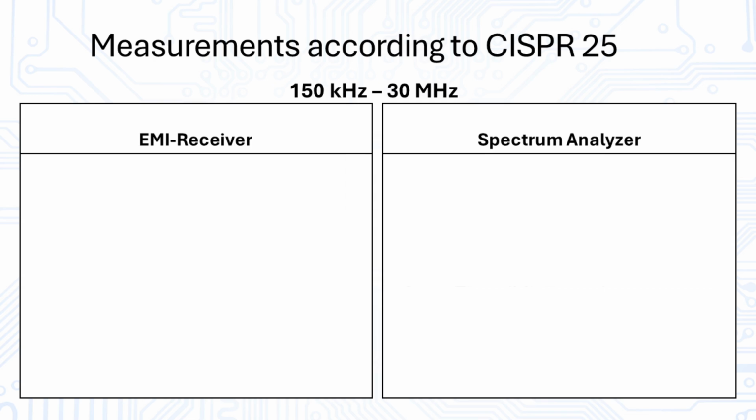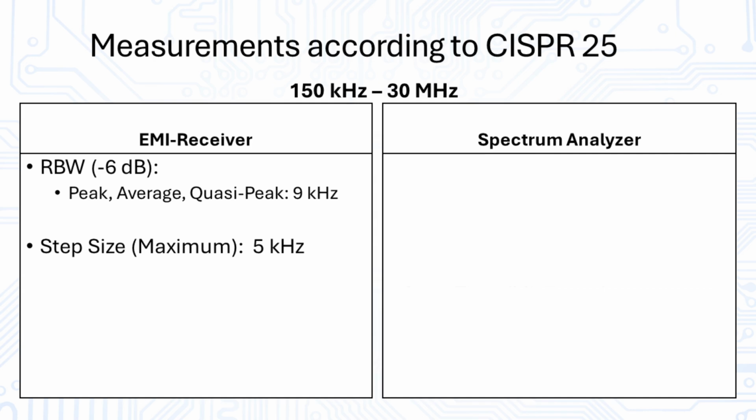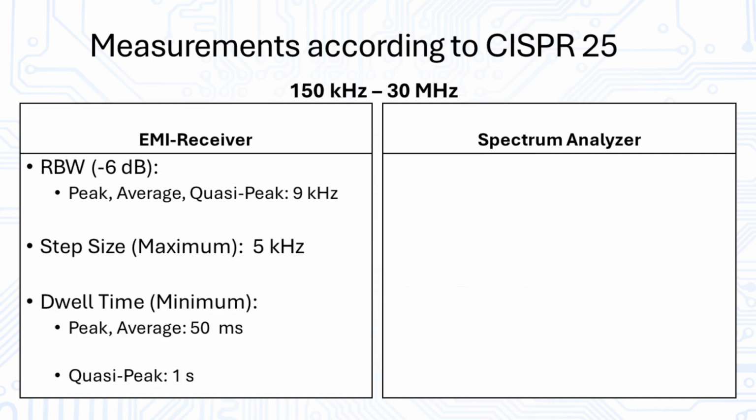We start by adjusting the frequency range in the scan table. The resolution bandwidth and step size are by default set to the corresponding values of the respective bands. For band B, this means that the resolution bandwidth is 9 kHz for all detectors, while the maximum step size is 5 kHz. We then set the minimum dwell time to 50 milliseconds for the peak and average detector and 1 second for the quasi-peak detector.